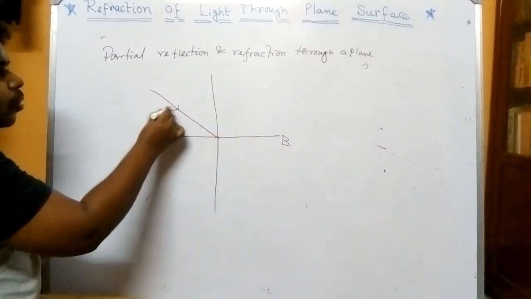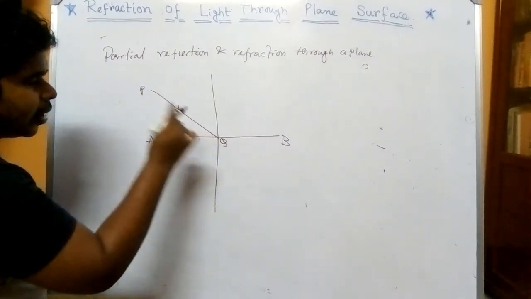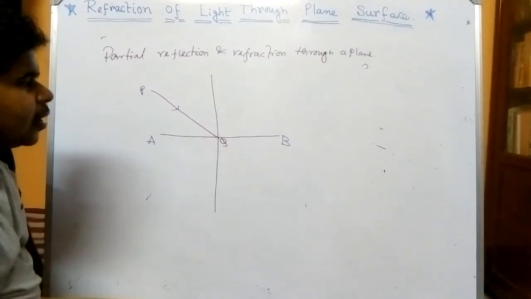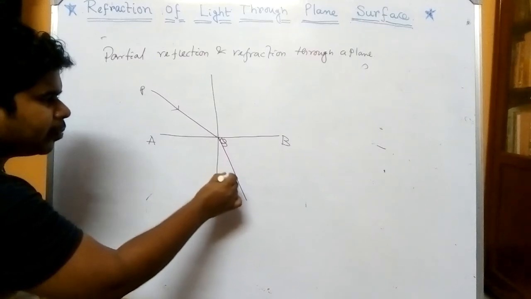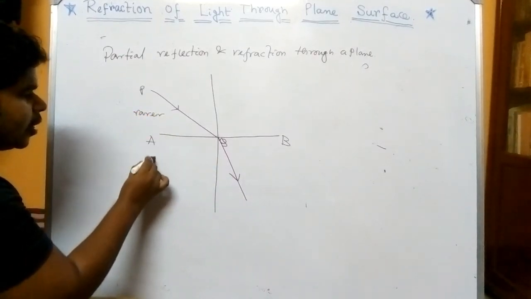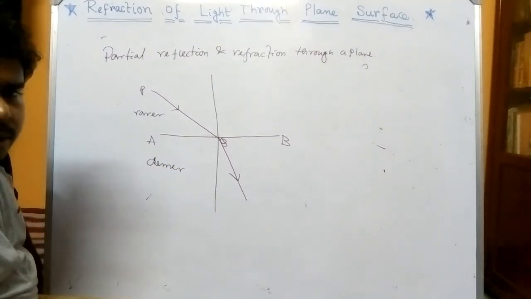So when the light ray travels this way and is incident here at the point Q, we all know that some light travels through the other medium. If it is rarer to denser, it will bend towards the normal.